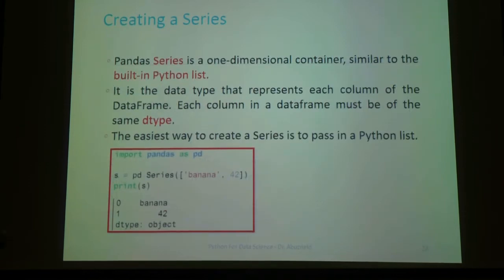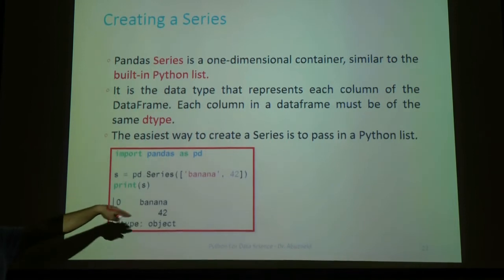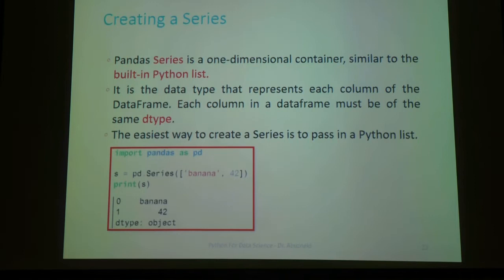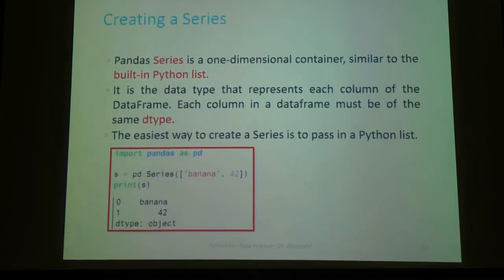Because in the end it's an object. This is a series not inside a data frame. It's like a row. I think a row could also be considered a series. I'm not sure about this, but we'll find out.